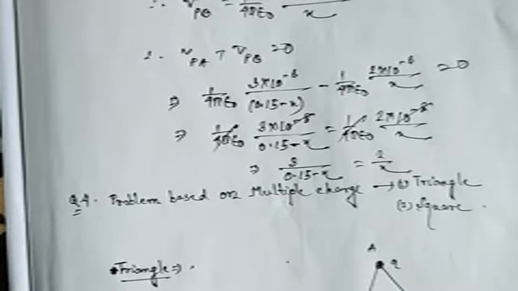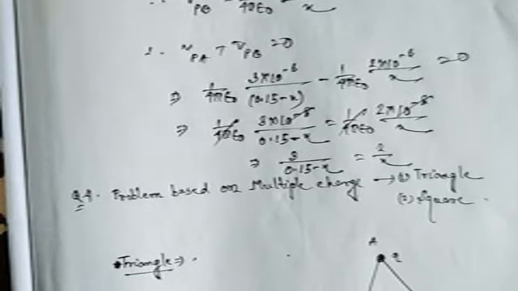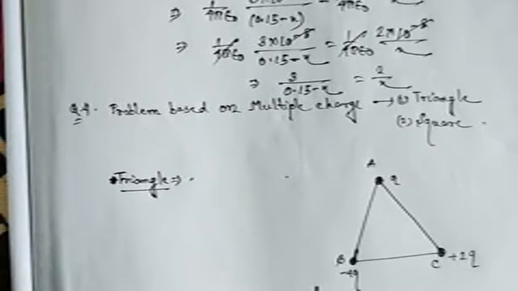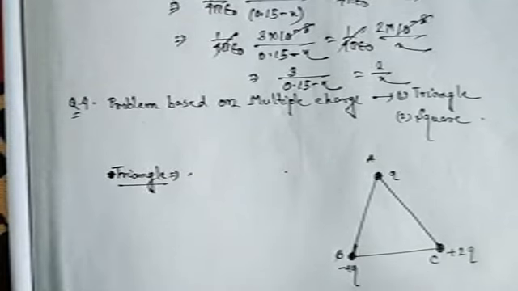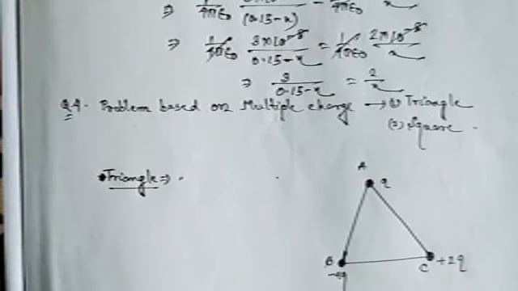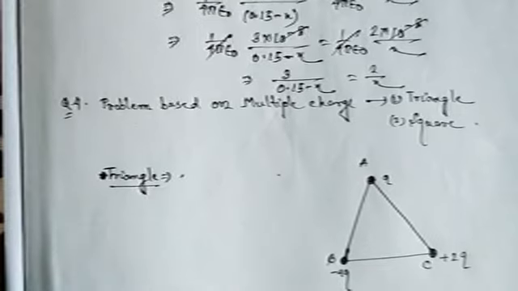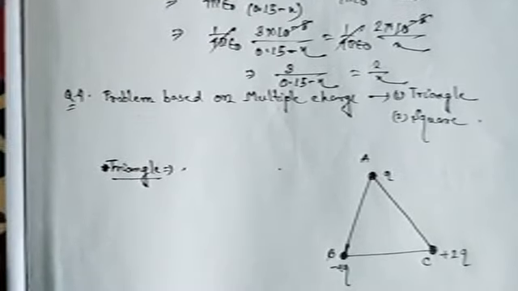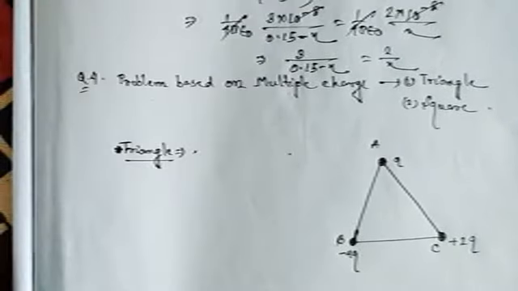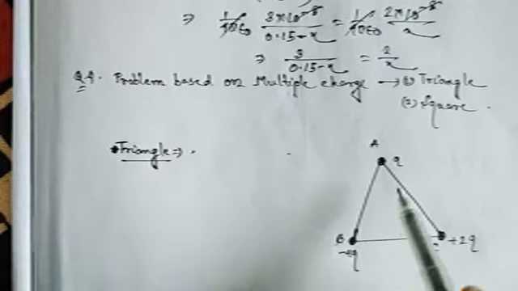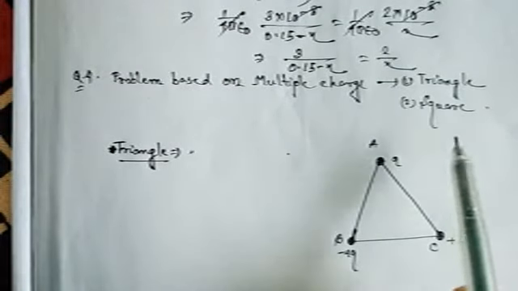Now the next type of problem: problems based on multiple charges. Within multiple charges we will do two types of shapes actually, one is a triangle and another is a square. Within that we will discuss two types of problems for the triangle as well as the square.